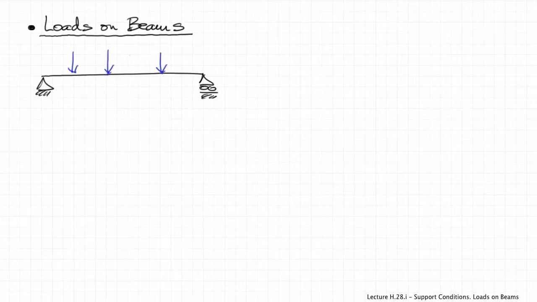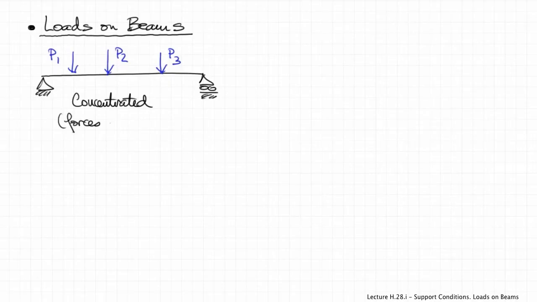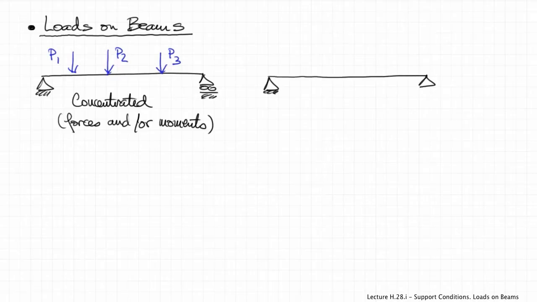And these could be, for example, concentrated forces or moments. These act at specific points along the beam. Or we can have loads that are continuous, or in other words, loads that are distributed along the length of the beam or along a partial length of the beam.